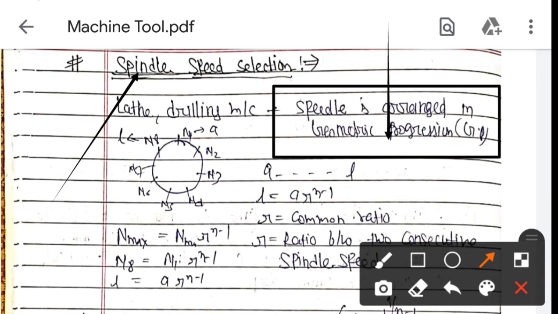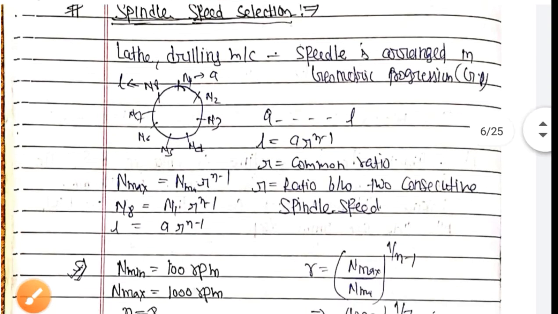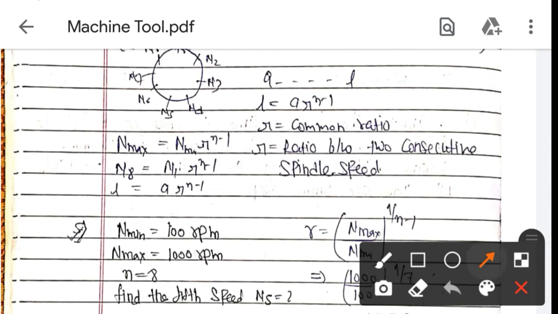In this question they'll give you the range of the speed, and they may ask you to find the maximum speed, or they may give you some data in between. Let's see how the question will be asked. From mathematics, in a geometric progression, if the first term and last term are given, the last term is the first term into the common ratio to the power n minus 1, where n is the total number of terms.